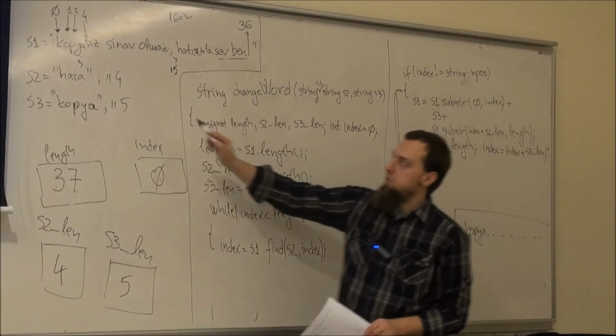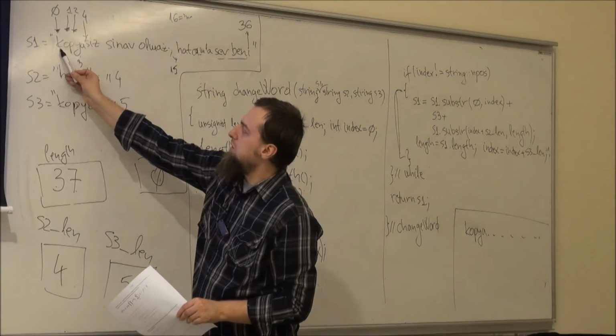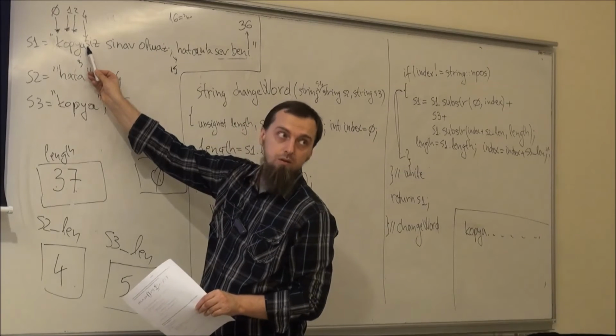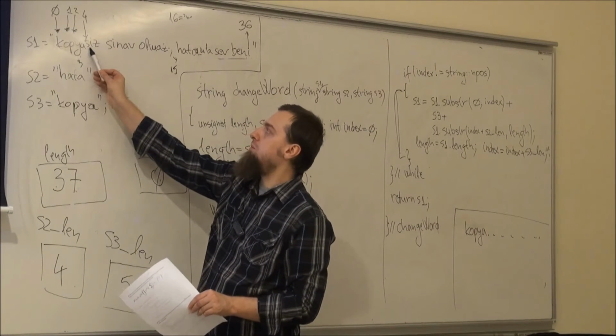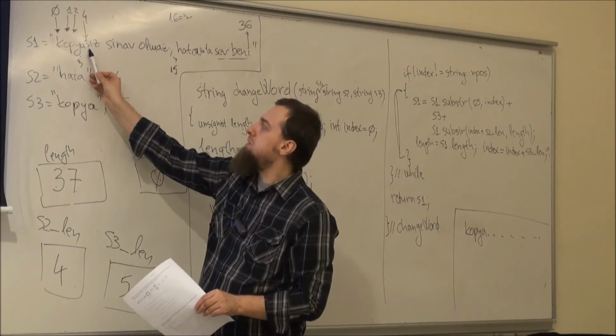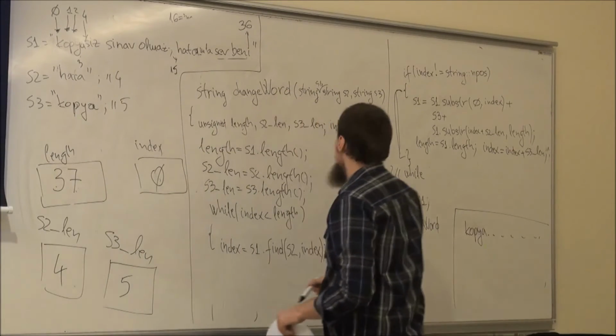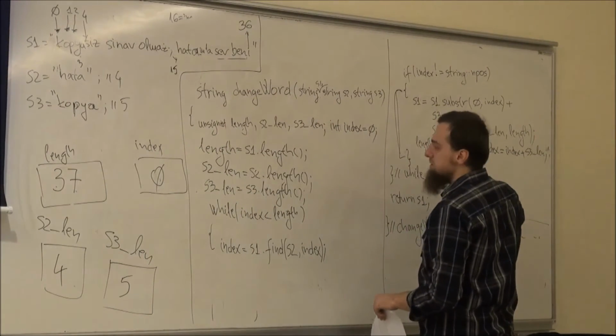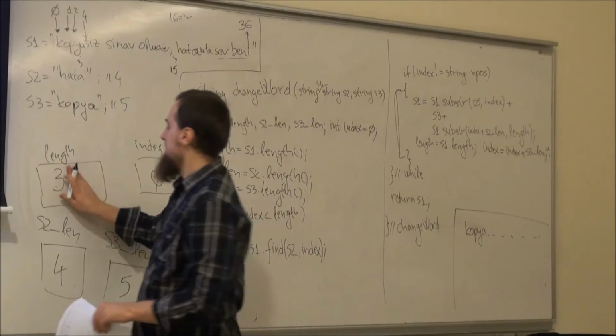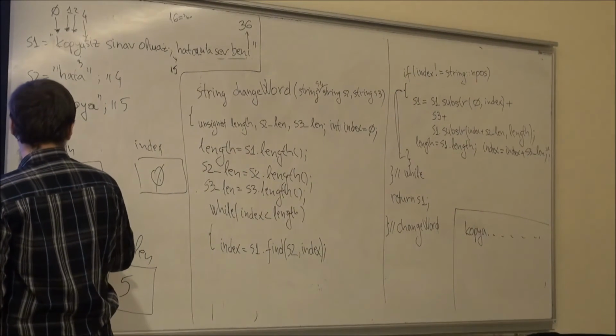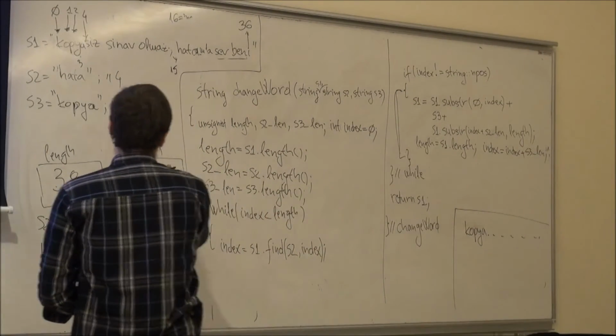Meaning we just found it, we were at 0. Now we know that copia is already found. We should start from after it, okay? From this S here. So the length is now going to be 38. When we change it to copia, the index is going to be 4.